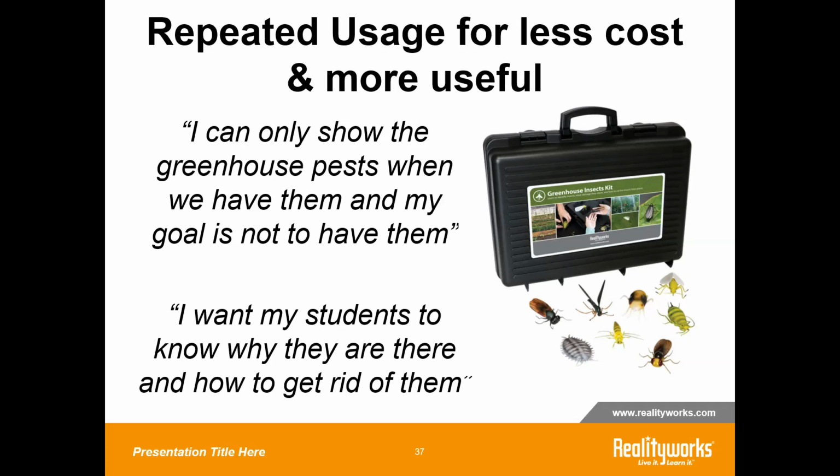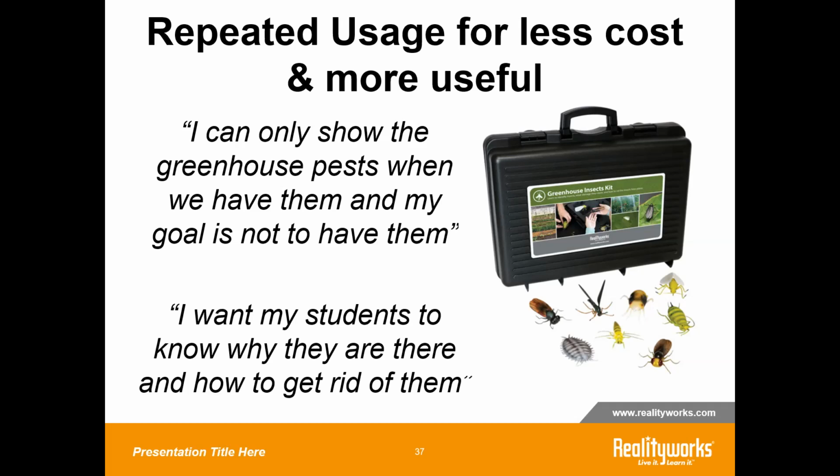Well, by doing all this, it helps the students to be able to see it ahead of time, be able to not have to have the pest in the greenhouse before they recognize what the problems are. And if the pest does come in, it is quicker for the students to be able to understand how to take care of them.